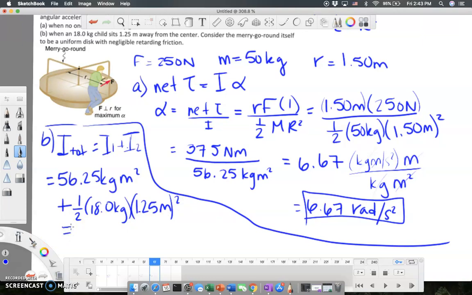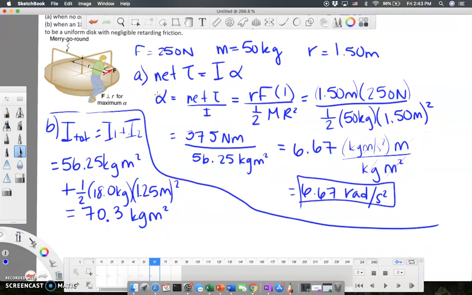So 0.5 times 18 times 1.25 squared gives me 14.1. Let's add that to 56.25 and we get 70.3 kilograms meters squared. So this is my total inertia.